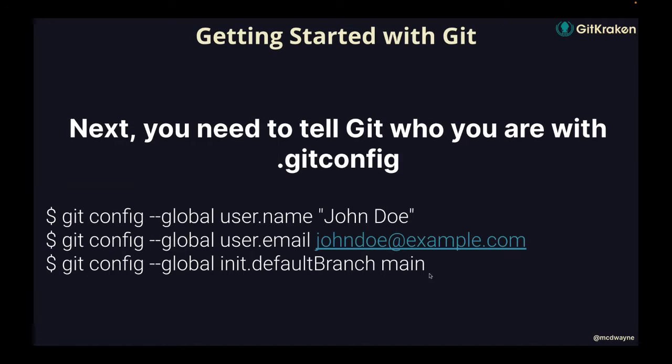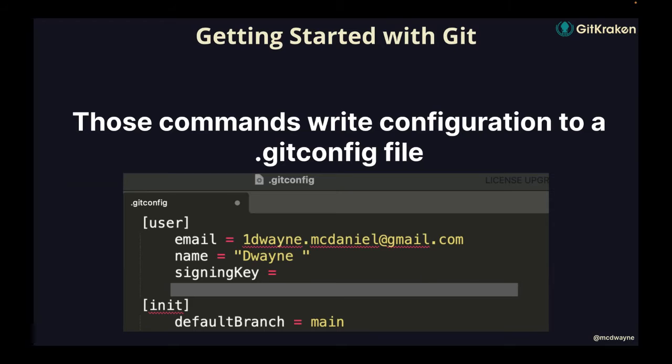This last one is optional, but very highly recommended. Previously with Git, the main branch that it would make would be called master. For a lot of reasons, we have decided that's not a great idea. So if you set this setting, it will make the default branch main. And that's a good thing.